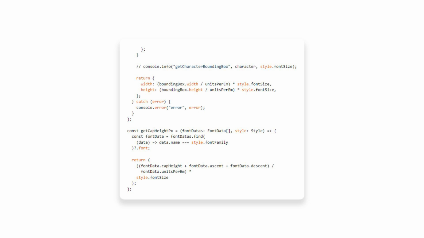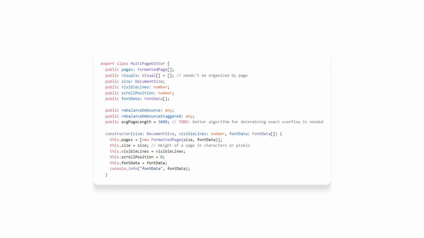Cap height calculation. The getCapHeightPx function retrieves the font data based on the specified font family and style. It then calculates the cap height in pixels by summing the cap height, ascent, and descent, normalizing them by units per em and scaling by style.fontSize. These functions enable text layout calculations by returning proper sizes and heights for font rendering.